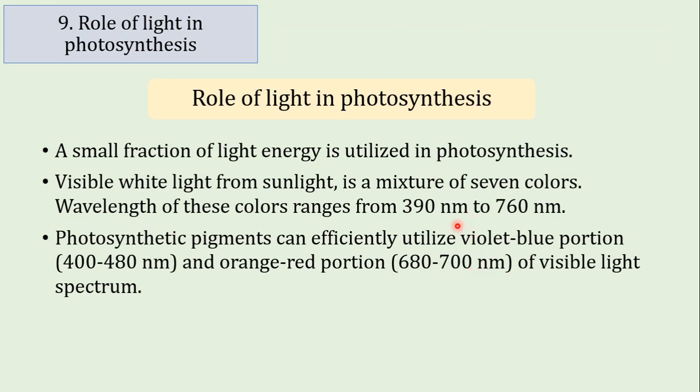So these wavelengths carry the maximum amount of energy, and that can be efficiently utilized by the photosynthetic pigments. And the lights of other colors like green or yellow, they cannot be utilized by the photosynthetic pigments very much.